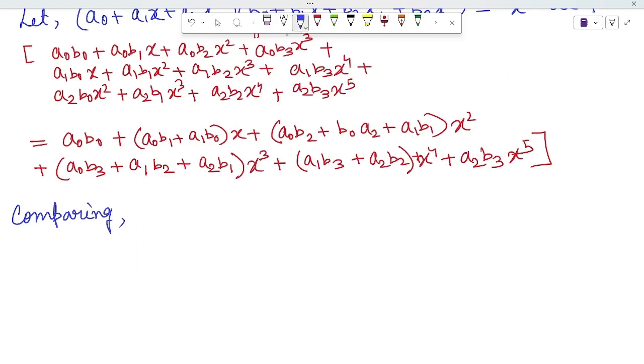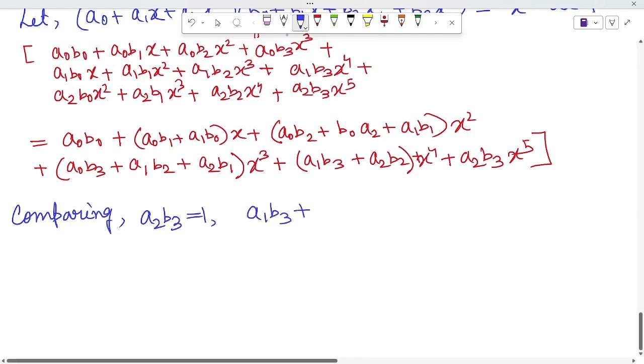Comparing, I can get degree 5. So A2 B3 is 1. A1 B3 plus A2 B2, this is 0.